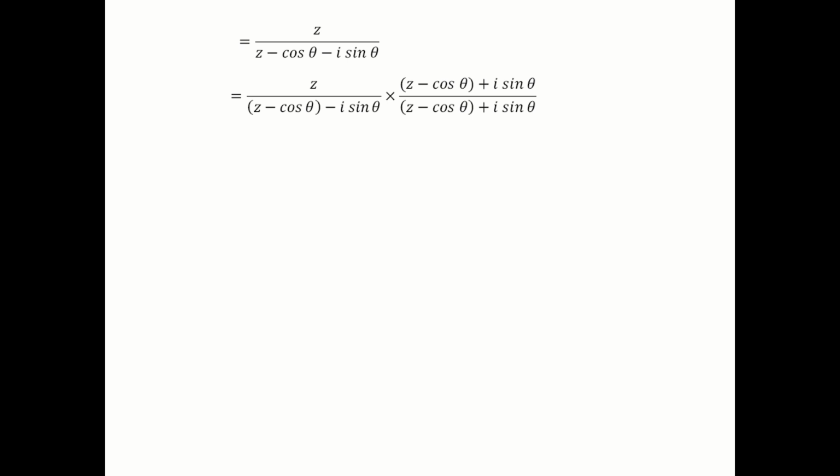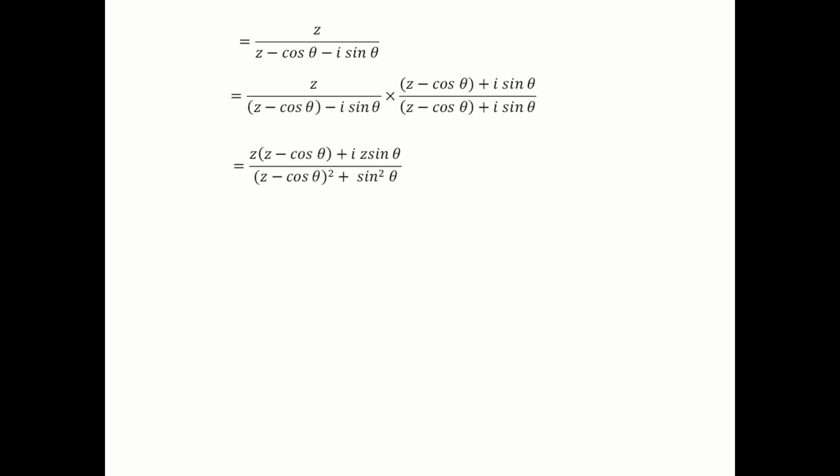Now we multiply by the conjugate of the denominator. In the denominator, z minus cos θ is the real term and minus i sin θ is the imaginary term. So the conjugate is z minus cos θ plus i sin θ. You only replace the sign of the imaginary part, right? We multiply by (z minus cos θ plus i sin θ) divided by (z minus cos θ plus i sin θ).